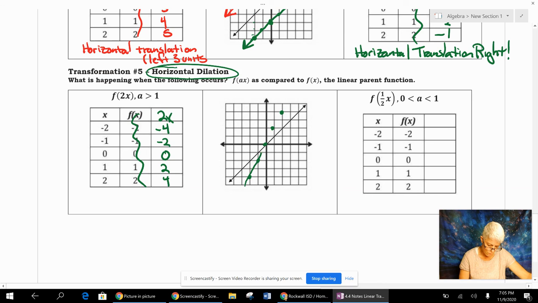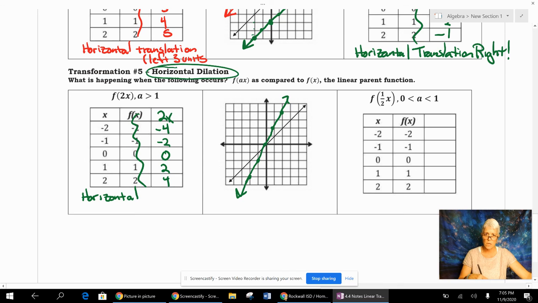So if you look at what's happening here as compared to the parent function, remember yesterday we talked about stretches, and when there was a stretch, it became steeper. But because we're talking about horizontal, just to make it very confusing, we're not going to call it a stretch, and we're not going to call it vertical either. We're going to flip everything.